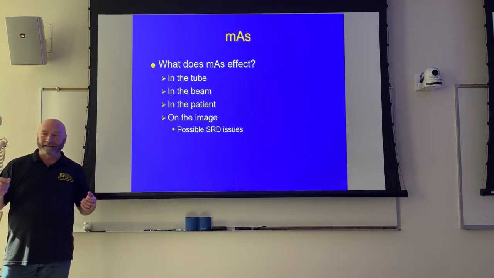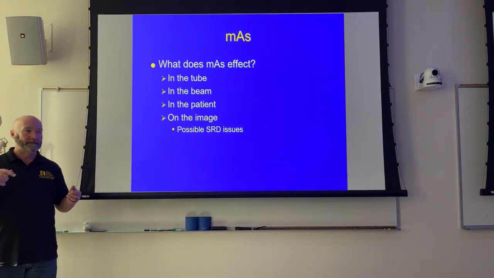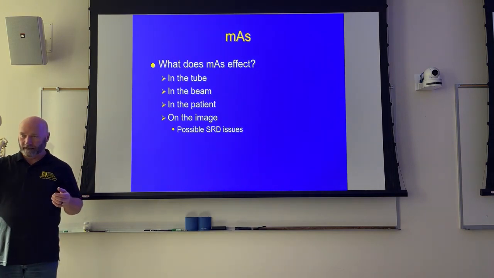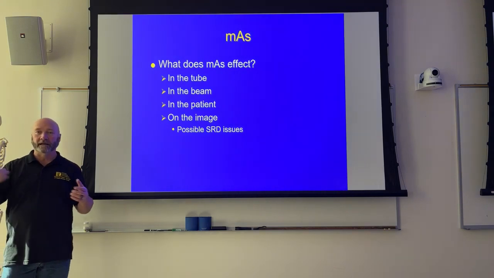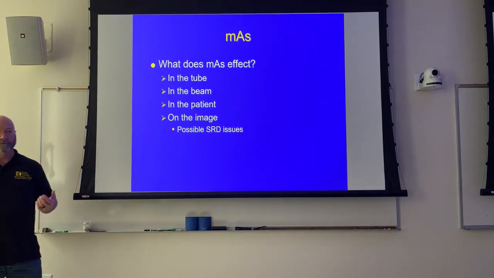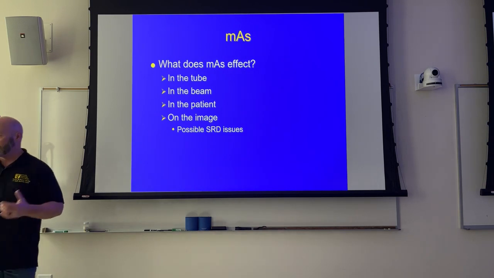So in that context, yes, mass increases scatter, but it increases everything, right? So since it increases everything, it has no effect on visibility or contrast. It only affects the overall number of photons that are scattered, right? But the PE ratio remains the same.